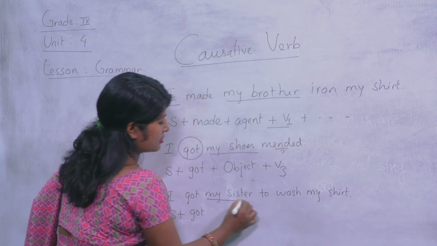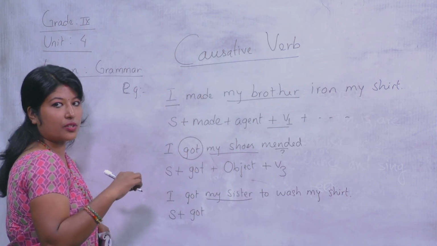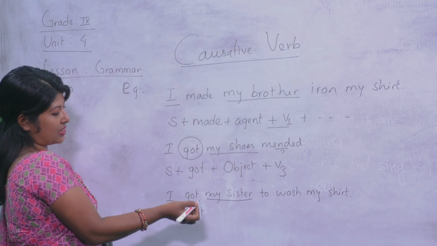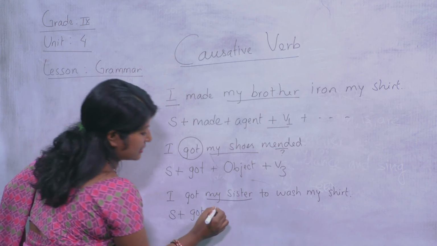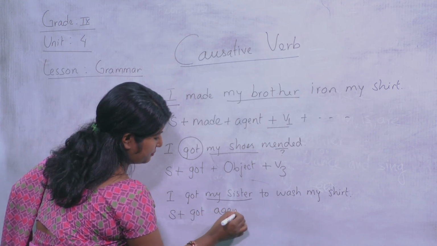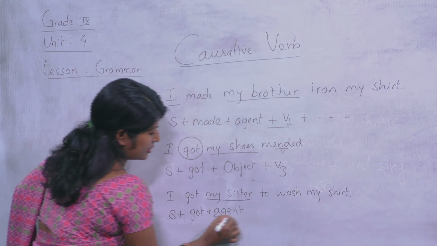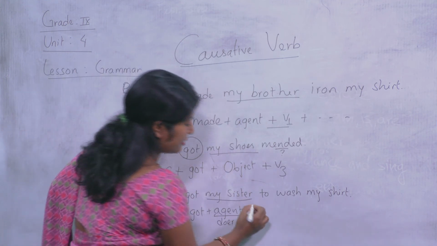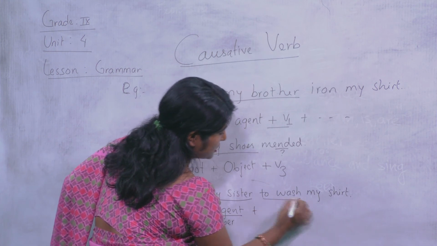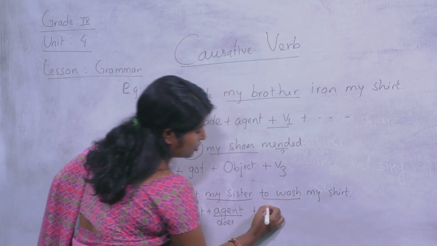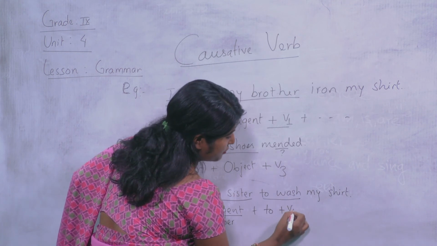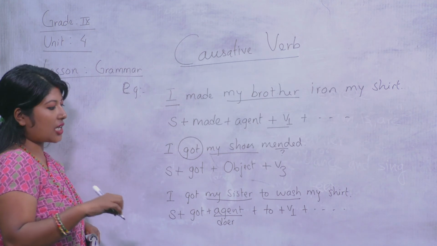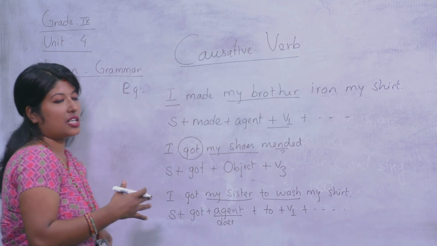My sister. What is my sister over here? Is it the object? Obviously not. So my sister is the agent. Agent means doer, who does the work. And at that time, to plus verb 1, and then the object. So this is how we deal with causatives.